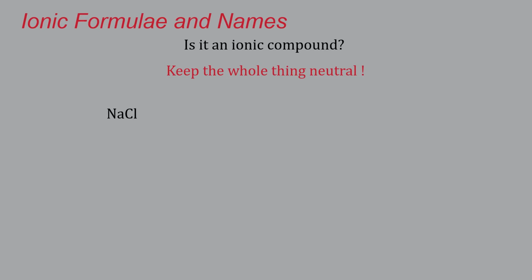So, for example, we talked about table salt back then. Sodium has a +1 charge when it is an ion. When chlorine is an ion, it adopts a -1 charge. Again, these are elements at the far edges of the periodic table, so their charges can be deduced from what column they are in.